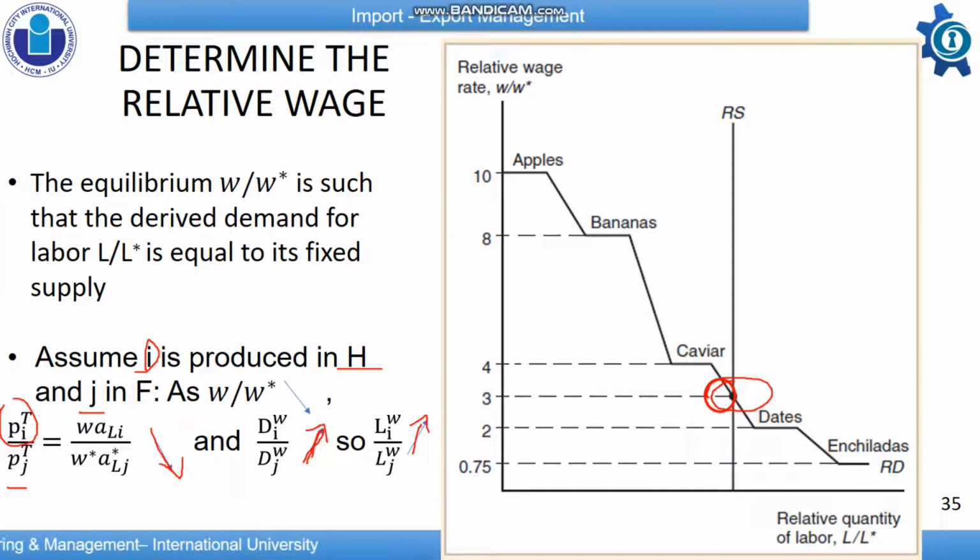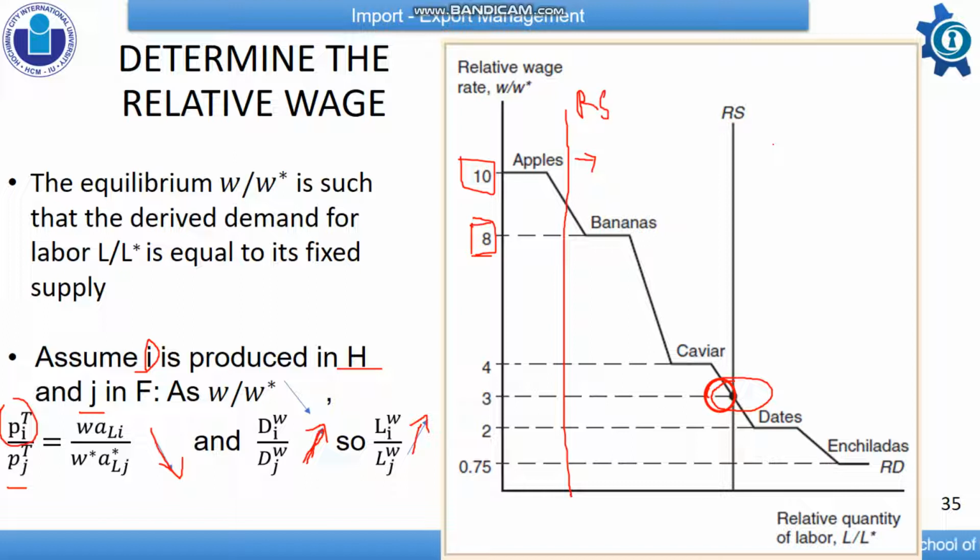So let me give you an example. For example, at first, the relative wage is 10, then it decreases to 8. Let's say apple is produced. I will change the RS line to here, the supply. So apple will be produced in the home country, and banana and the rest of the other products are produced in foreign.